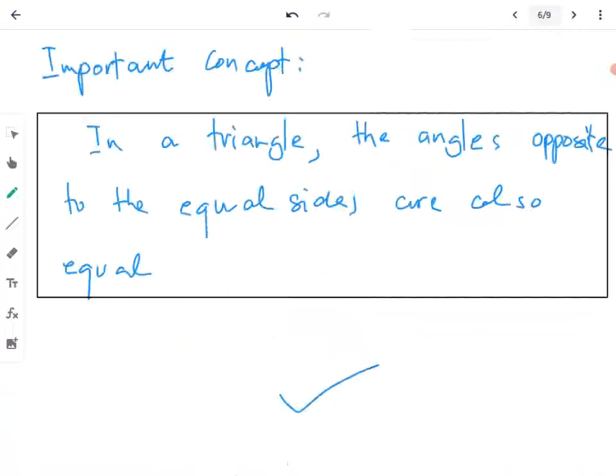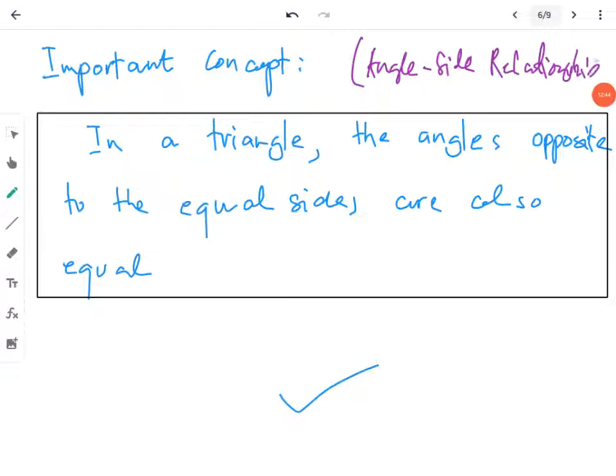Next is an important concept in terms of the relationship between angles and sides. When you go to a little bit of different geometry later in your high school life, you will learn a lot of relationships relating angles and sides.